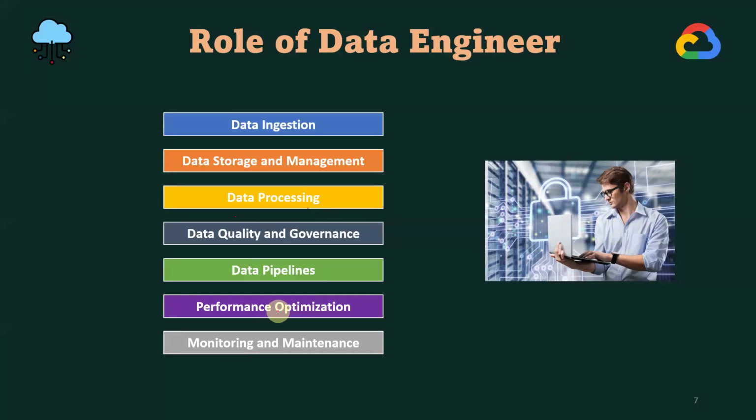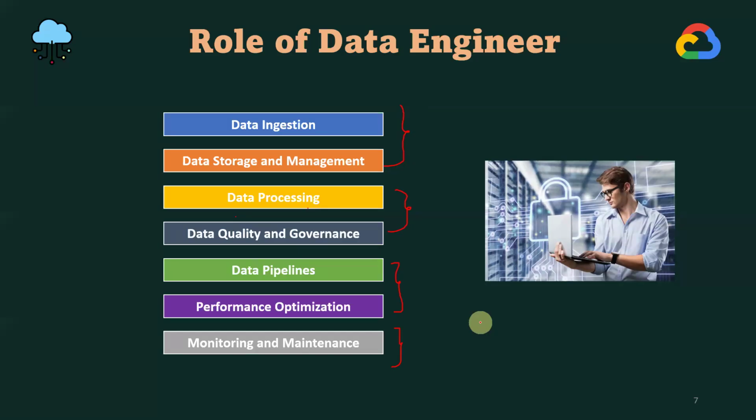If you look at one single data engineering project, two data engineers may work on this area, one data engineer may work on this area, one data engineer on this area. So on a single data project, multiple people will be working on different activities. That is the reason you do not know which area you are going to work on.